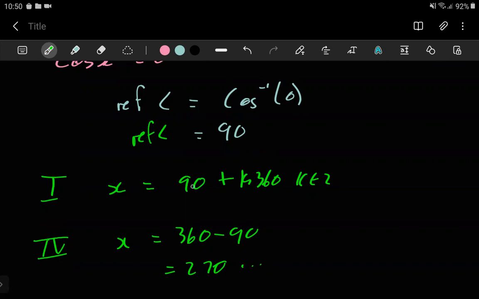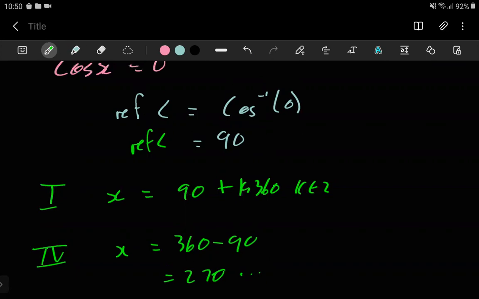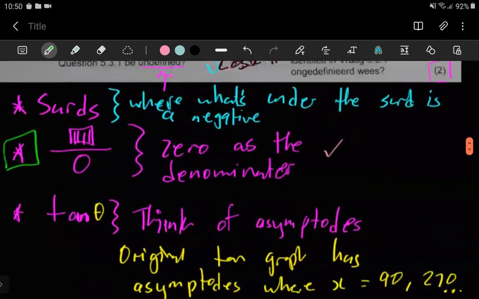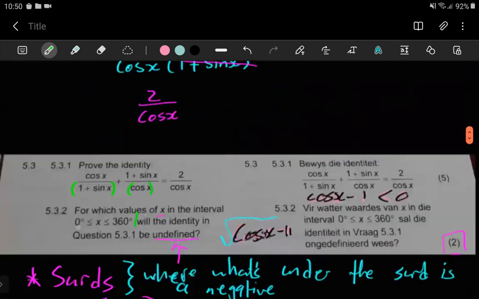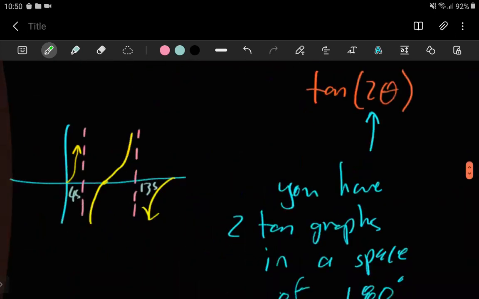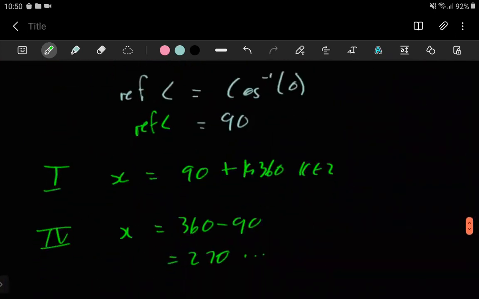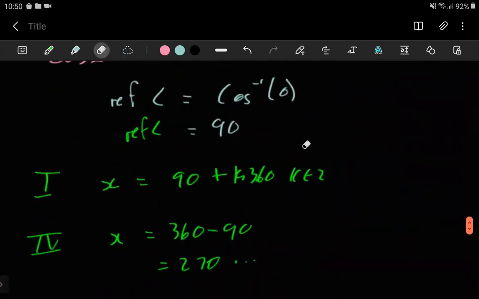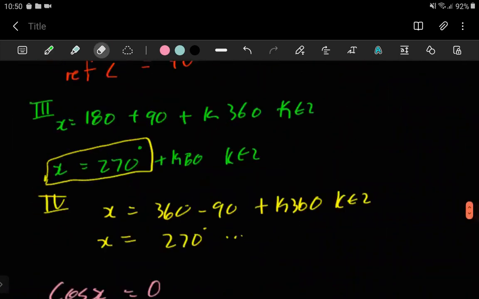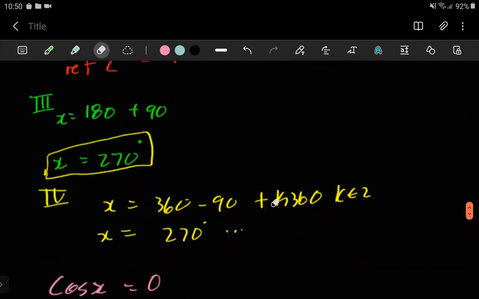Because here it's between 0 and 360, we can leave out the K part, since it almost implies all the other answers above 360 or below 0.